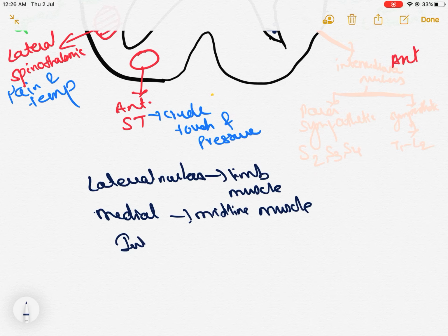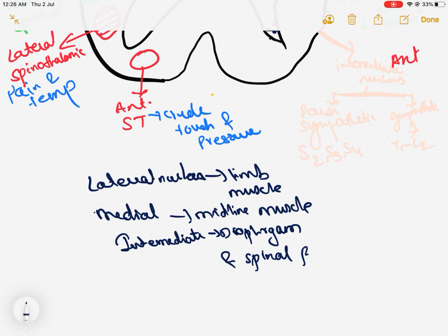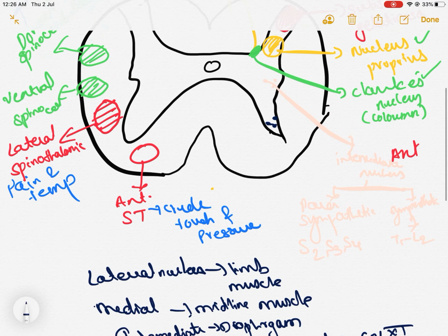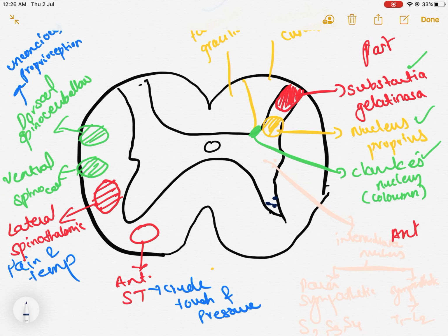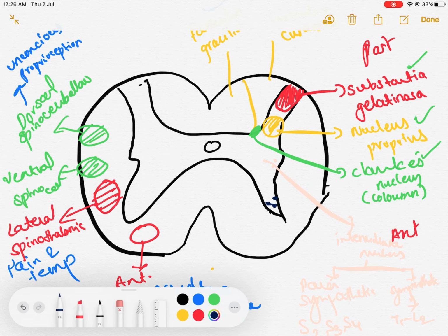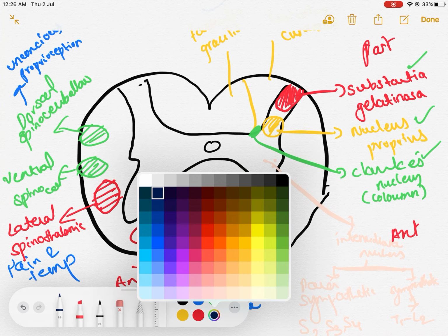The intermediate is for diaphragm and spinal part of cranial nerve 11. Okay. So based on this, only based on this, now if you want to know if any disease process, how it will involve. Okay, so let's use some dark color.